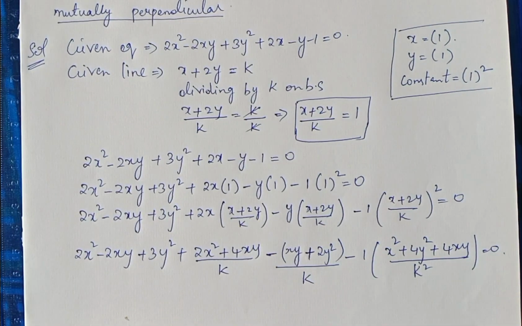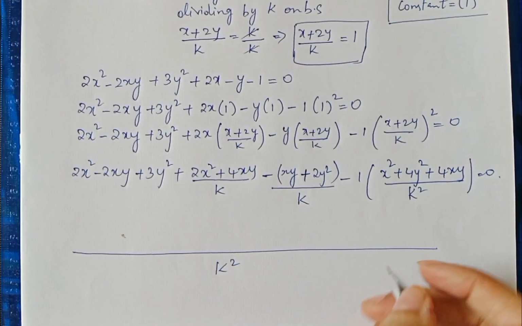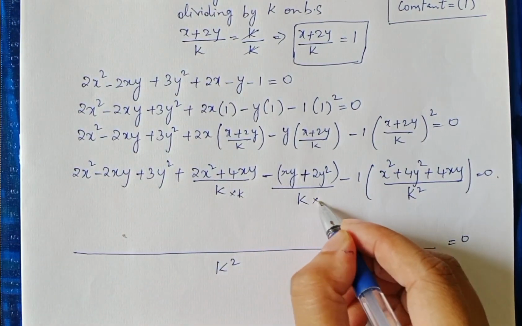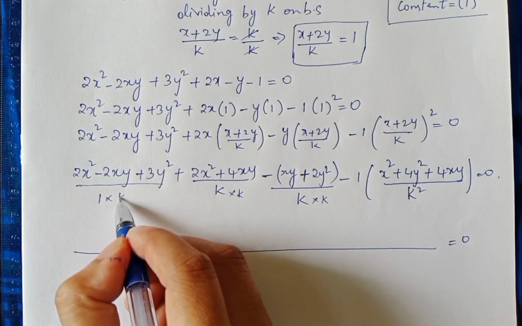Now we have the LCM as k square. So here we should multiply with k, and here also we multiply with k, and the whole terms into k square.